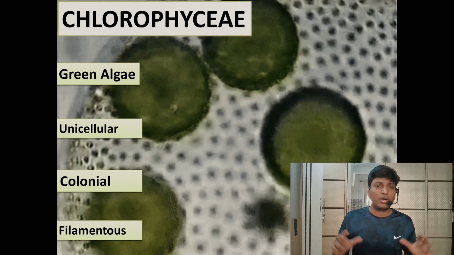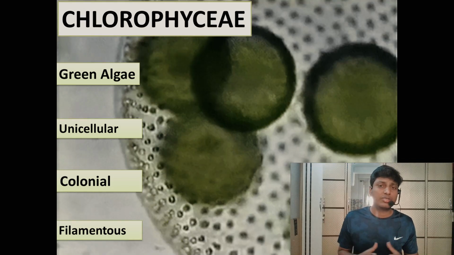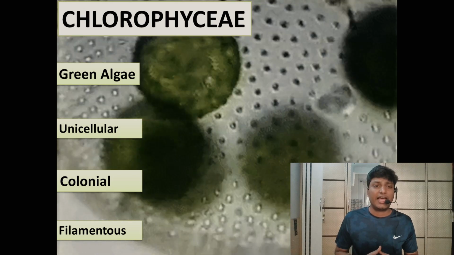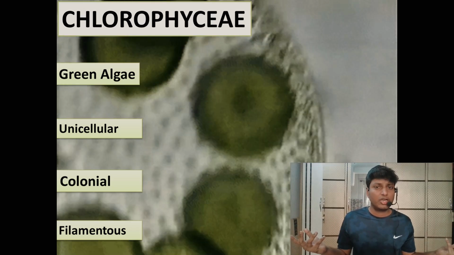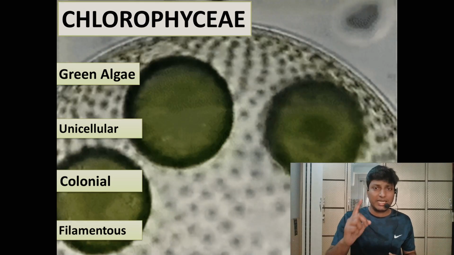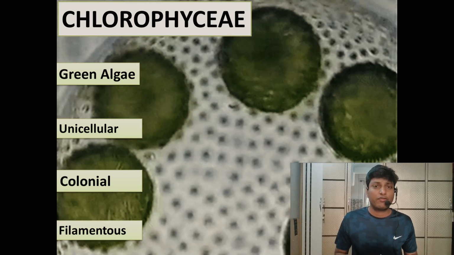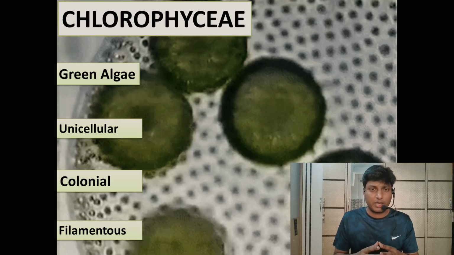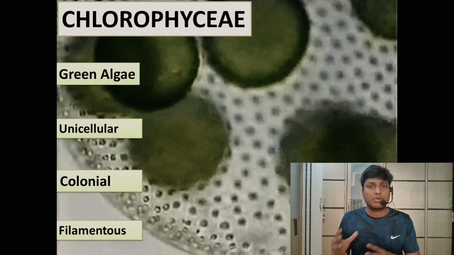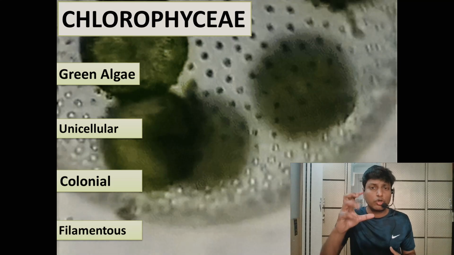At the same time, what is the speciality of this algae? Dear students, this algae can be unicellular. Again, unicellular means it is made up of one cell, or it can be colonial. Colonial means it can be present in the form of many groups, right? So the word colonial comes from the word colony, and colony means a group of cells.